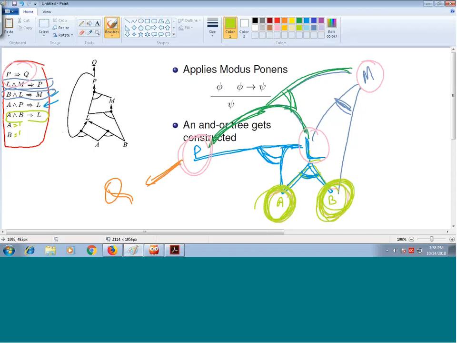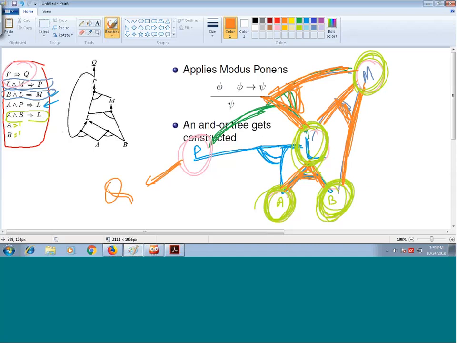If both the things are given to you, then this particular tree gets energized, and therefore you get L. When L and B are given, this tree gets energized, and because AND is complete, you get M. And then when M and L are given, these three get energized, and you get P. And when you get P, this tree gets energized, and you get the part as Q, and therefore you got the Q.